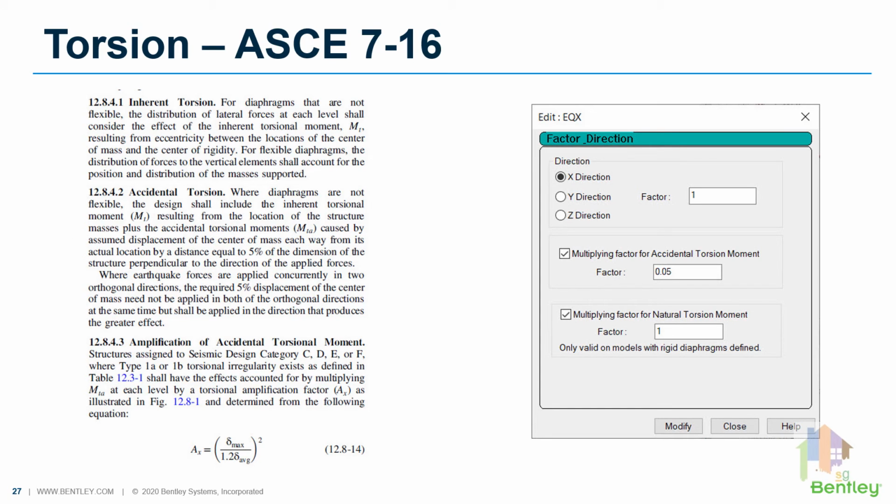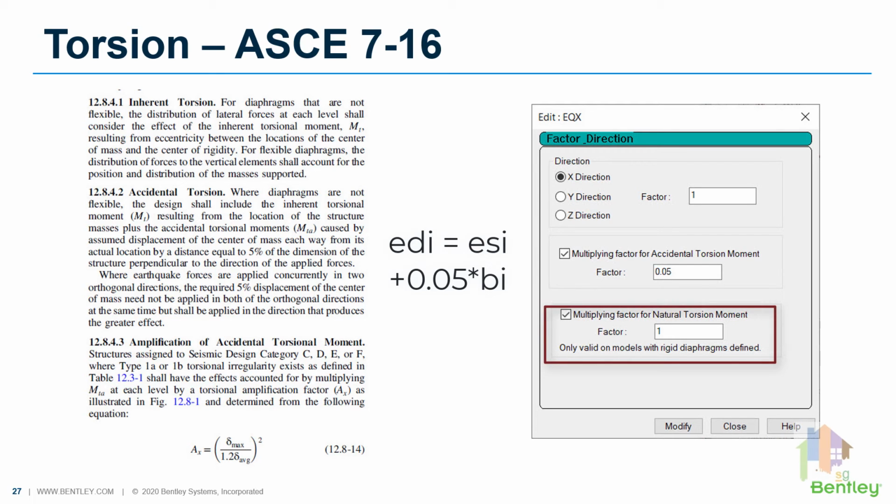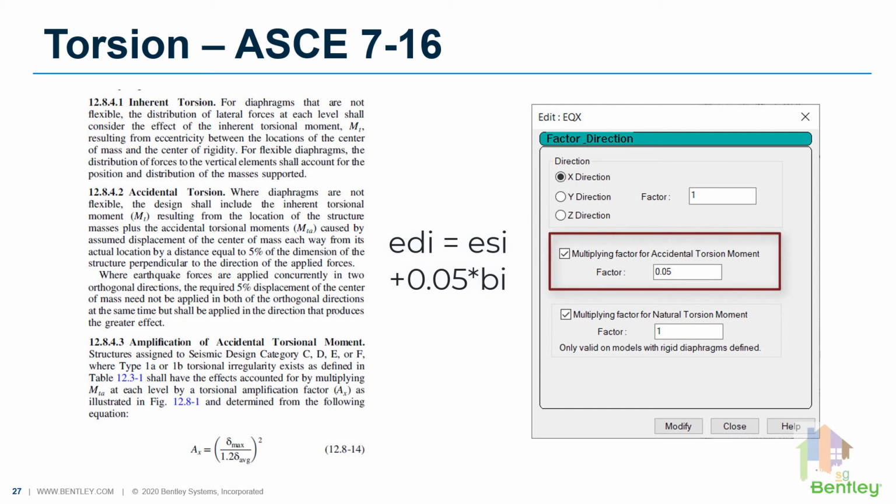There is no dynamic amplification factor specified here, and static eccentricity value is directly added with the accidental eccentricity value to calculate the design eccentricity. So for this case, natural torsional factor can be skipped, as by default it is considered in the analysis, or you can also specify the value as 1. Also, the accidental torsion factor needs to be specified as 0.05.